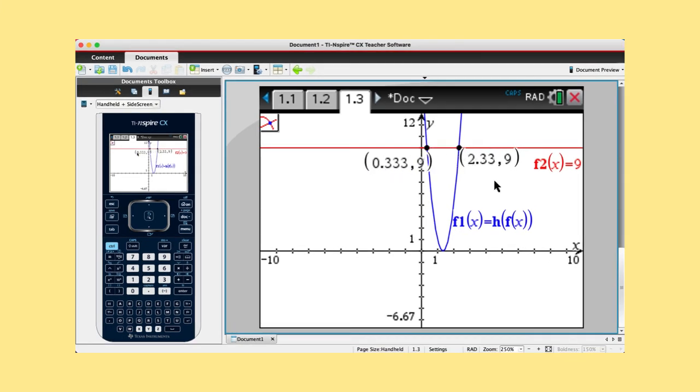So there are my 2 points of intersection: x equals 0.33 recurring, which is 1/3, and x equals 2.33, which is 2 and 1/3, which is 7/3. So that's how you use your TI-Nspire to solve algebraic equations.